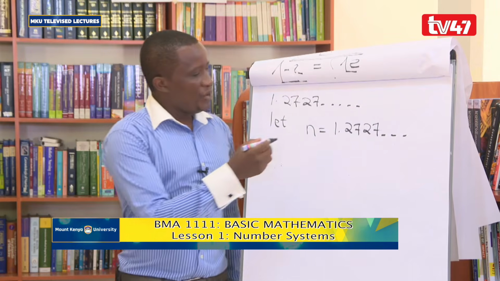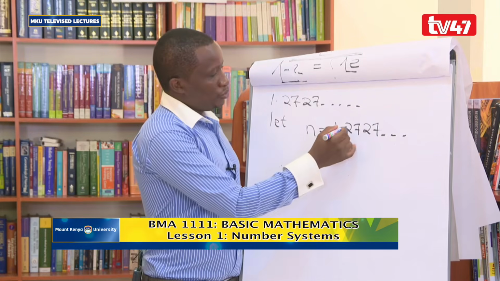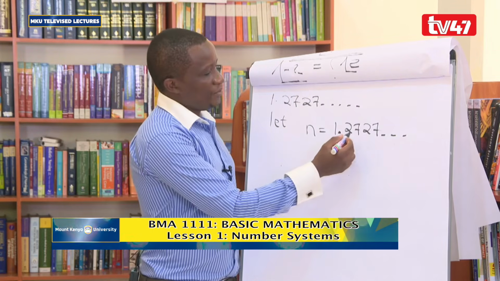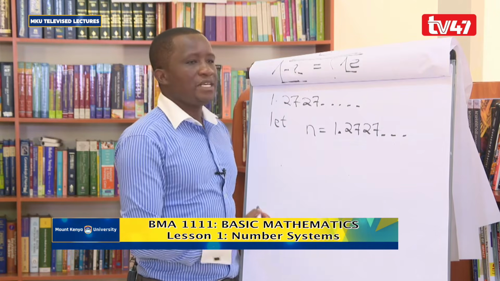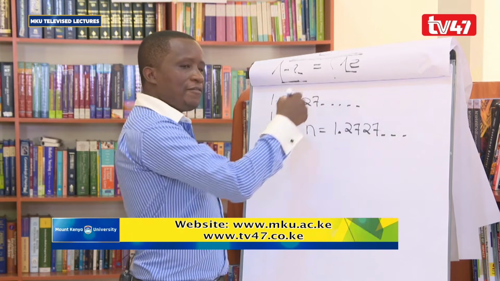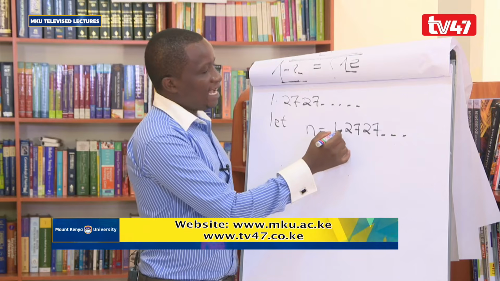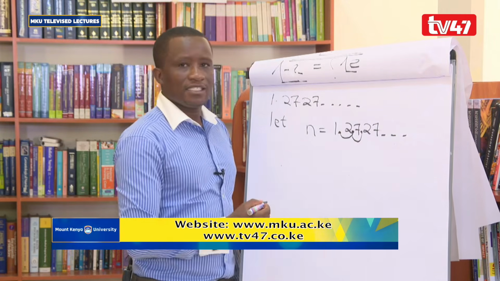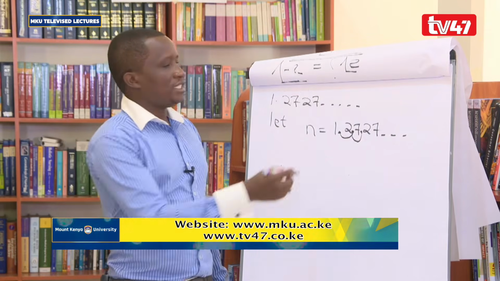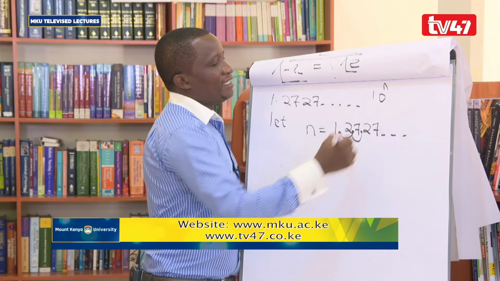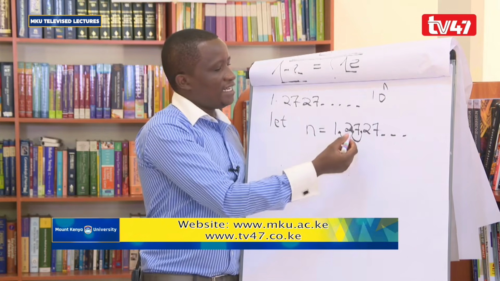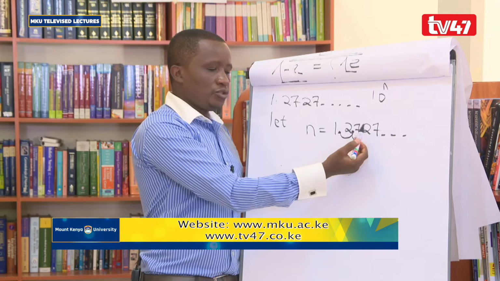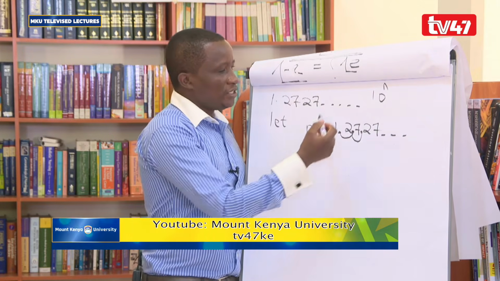Then we attempt to move this decimal a number of steps that will make the part that is being repeated move to the left of the decimal. You notice that would imply shifting the decimal 2 places. To do that, we use the 10 to the power n representation, where n is the number of steps that I'm carrying, so that I shift the repeating part to the left of the decimal point. So in this case, 2 steps.